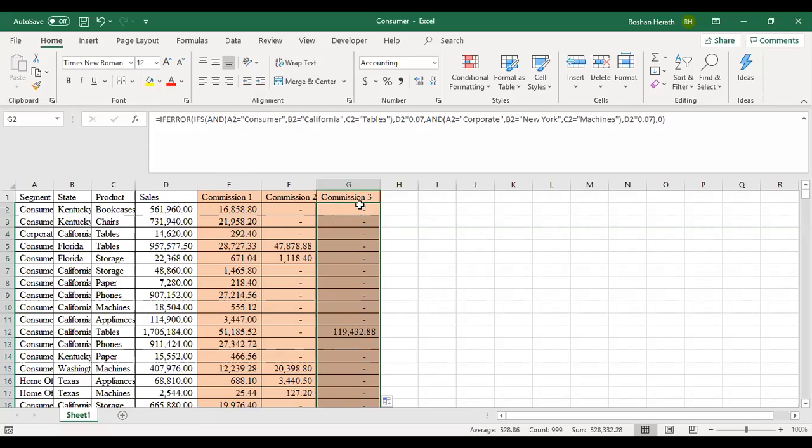Once you give 0 for the not applicable instance, it gets replaced by 0, and that's what happens over there, right? Okay, fine. So you may explore this further, right?